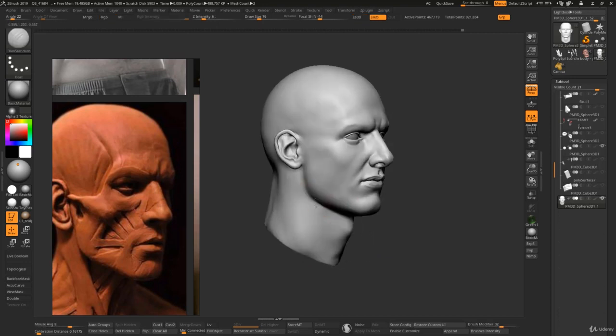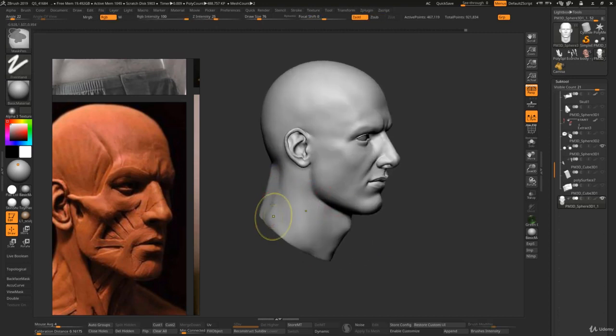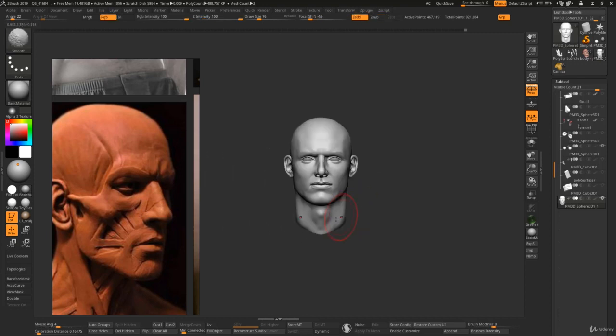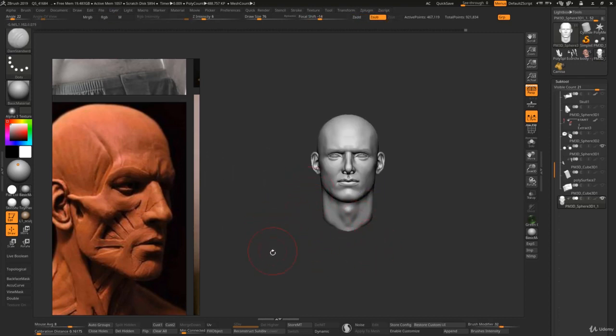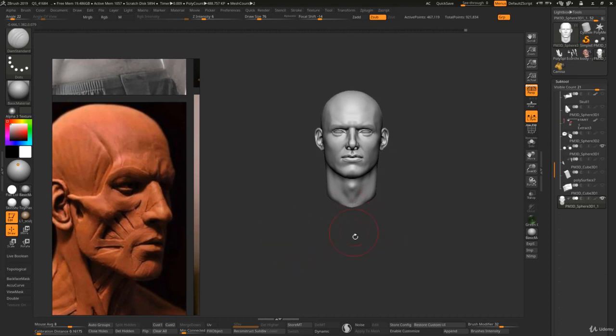So yeah, that's it, guys. Let's continue in the next lesson and check the neck muscles and then the torso.